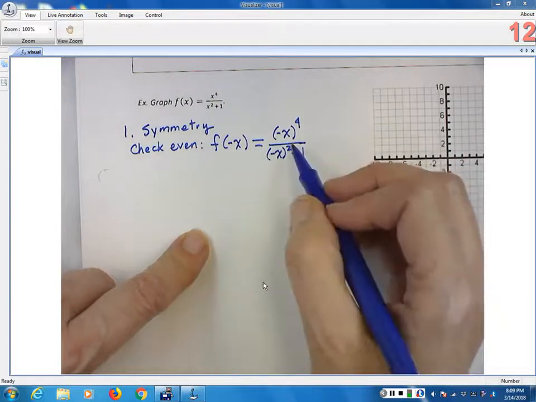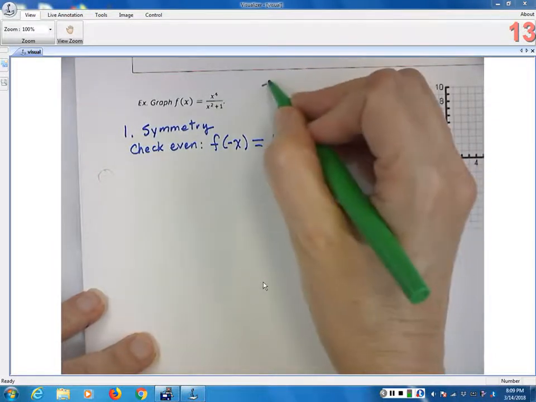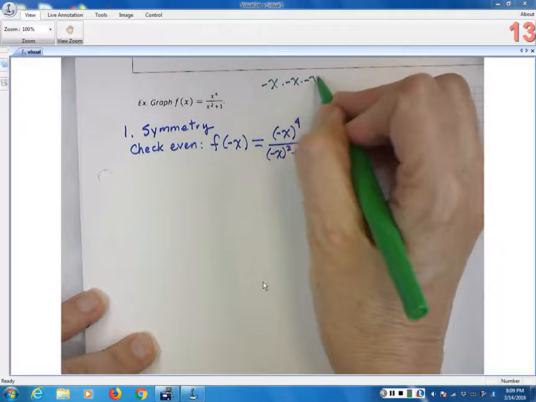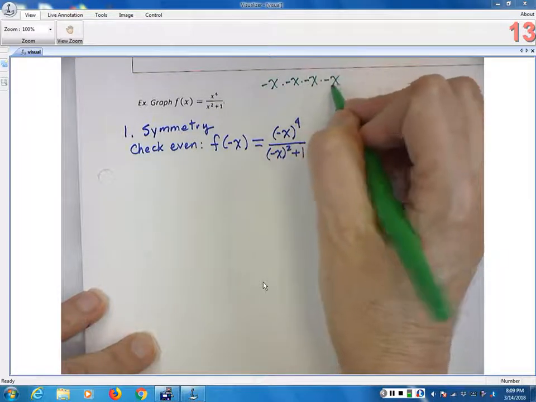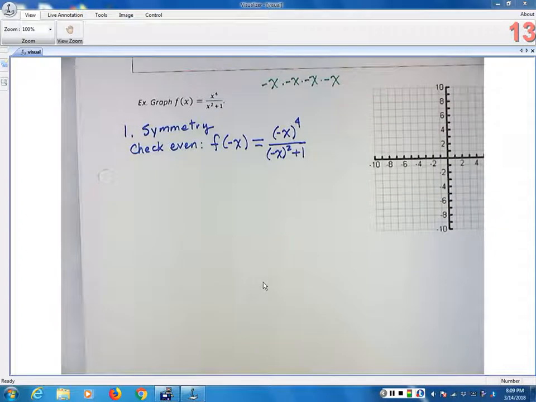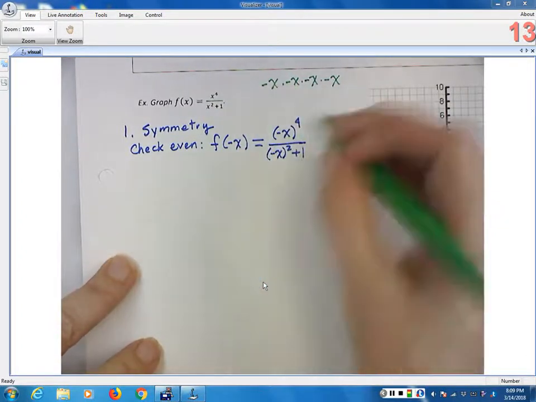So minus x times itself 4 times. That's what this means. If you multiply negative signs together, if you have an even number of negative signs, each 2 negative signs cancel each other out. You're going to get a positive here.